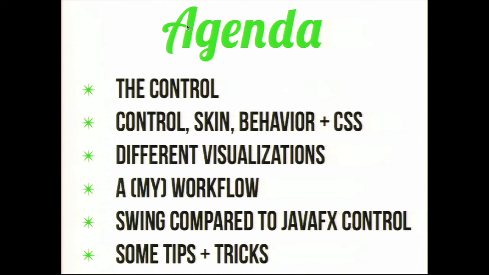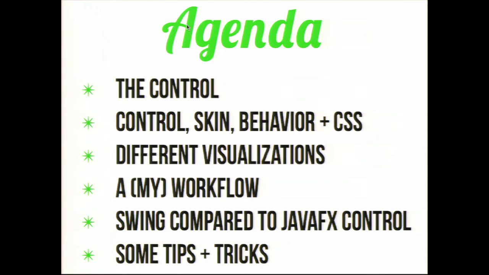So this is the agenda for today. I will shortly go over what is a control, what is a custom control, what separates it from a standard control, then how is it built, so what are the ingredients of a custom control. You can build custom controls in different ways. We just focus on one way, and there are other ways too. I will shortly explain what it is.